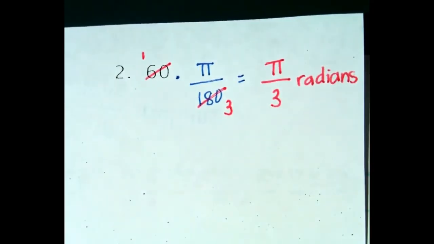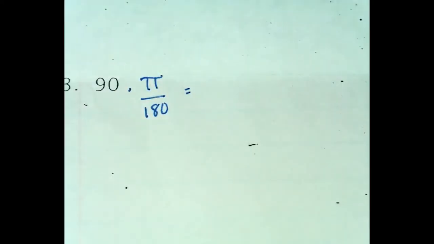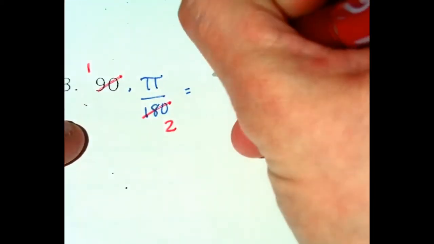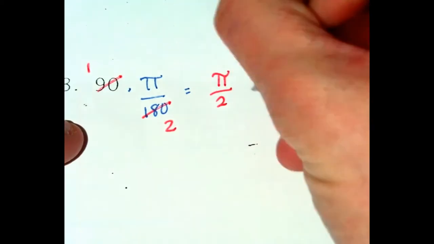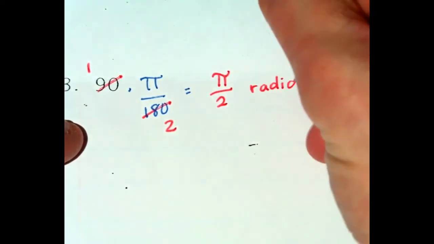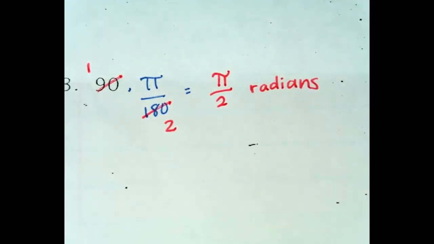Do 3 and 4. Pi over 180. What did that reduce to? Okay, this changes to a 1. This is a 2. So pi over 2 radians. Okay, number 4.